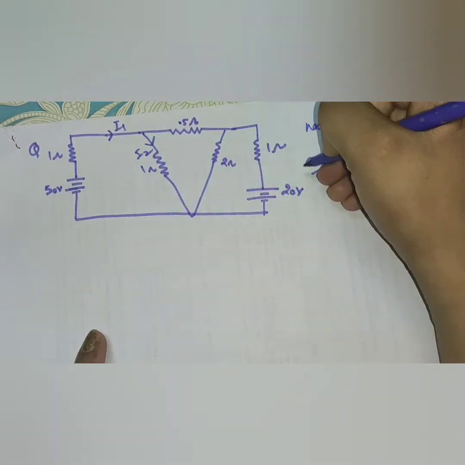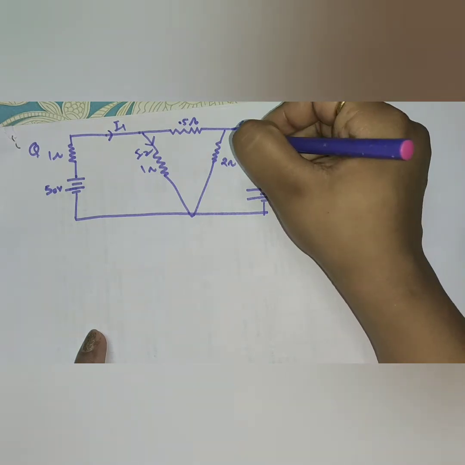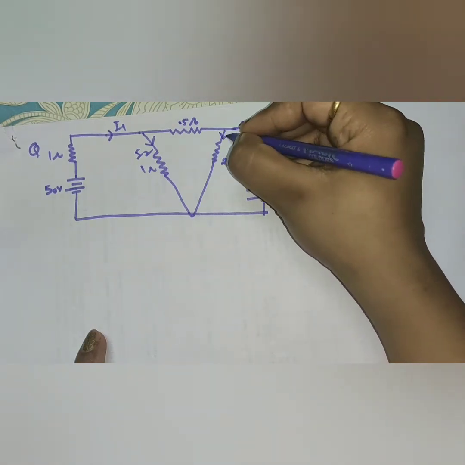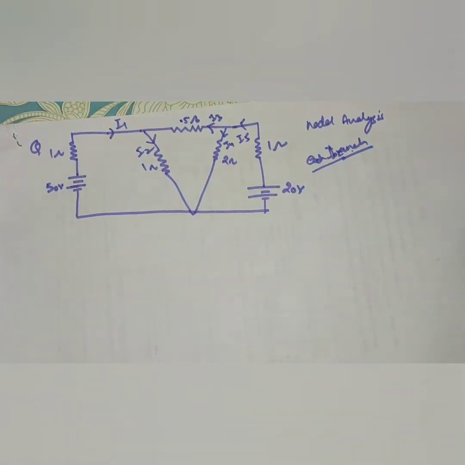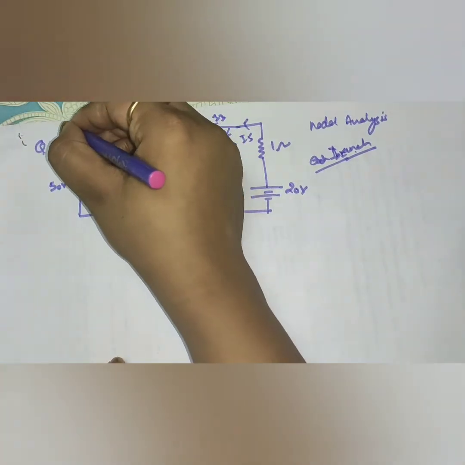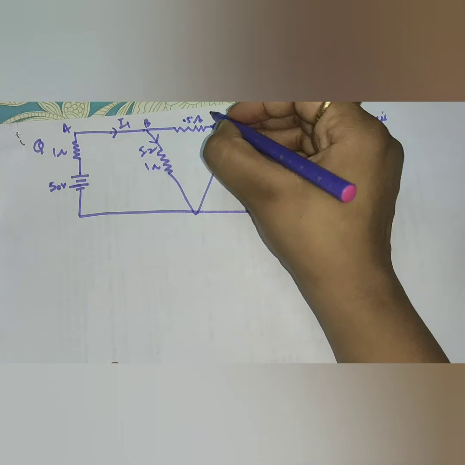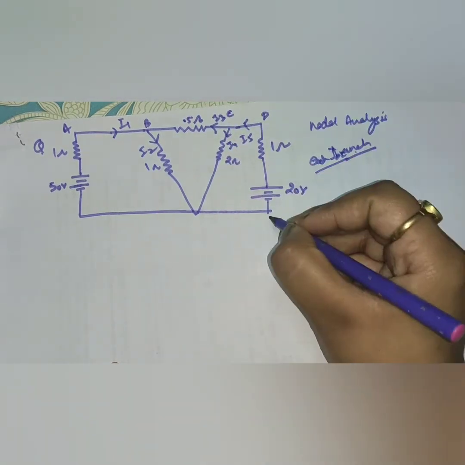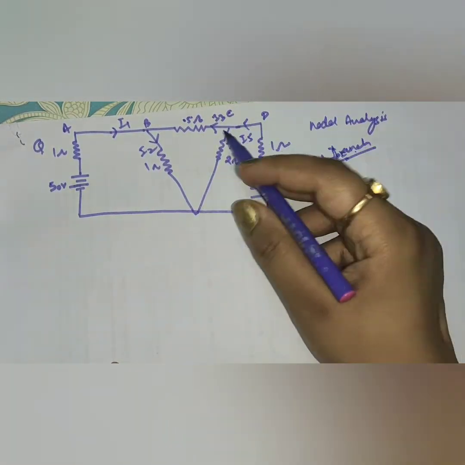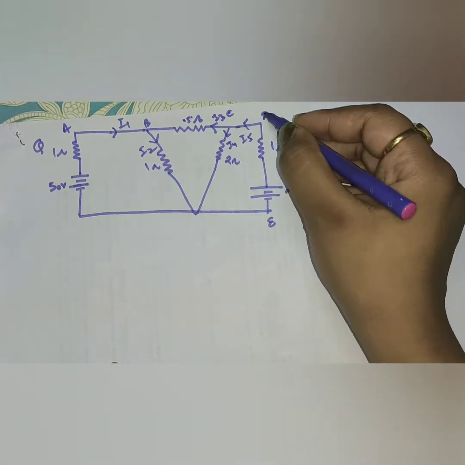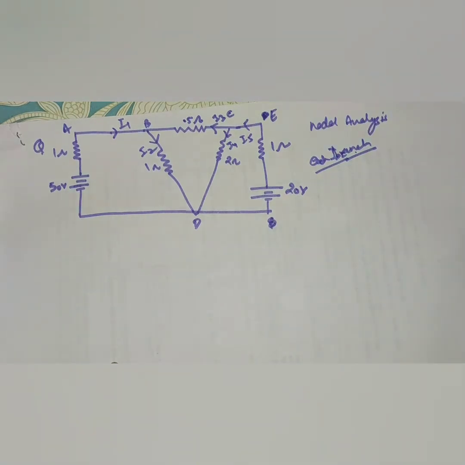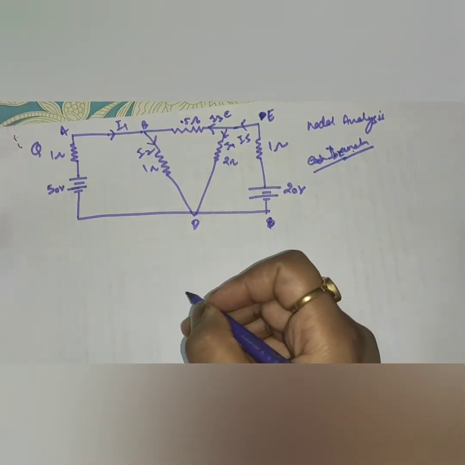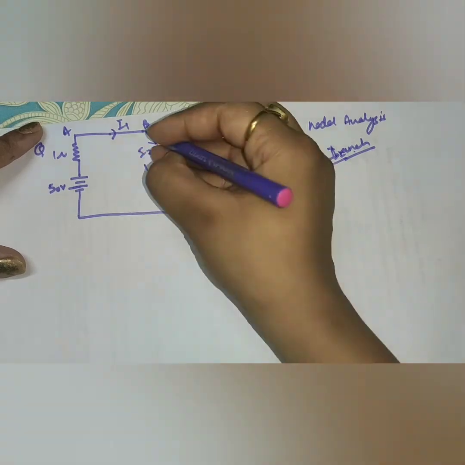Because the voltage is there, the current will be I5. Let's suppose this is I5 and this is I3. Once you mark the currents in any circuit, you will not change them. Okay, and then follow the steps. Points B, C, D, E, A.